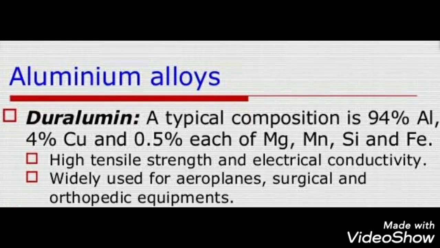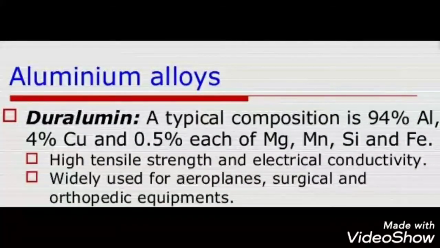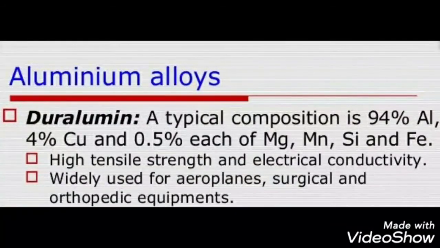For example, aluminium metal is light but not strong, but an alloy of aluminium with copper, magnesium and manganese, which is called duralumin, is light as well as strong. Since duralumin is light yet strong, it is used for making the aircraft bodies and parts, space satellites and kitchenware like pressure cookers, etc.